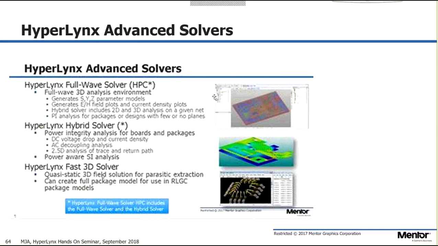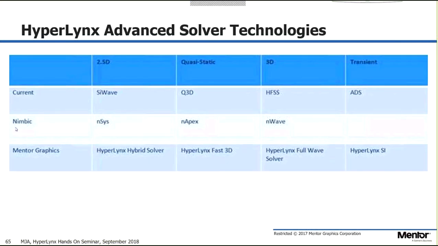And then another area where some of these engines get used is in the case of BGAs or package modeling. So there's some straight areas, not a lot of changes. We can make some assumptions to kind of speed up the analysis process. And just to point out that this set of tools did come from our Nimbic acquisition.